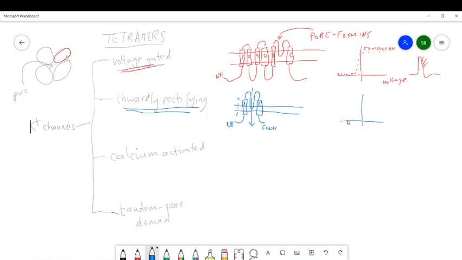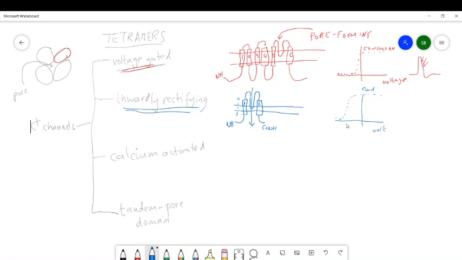So they tend to have slightly leftward shifted voltage activation curves. This is conductance and this is voltage.